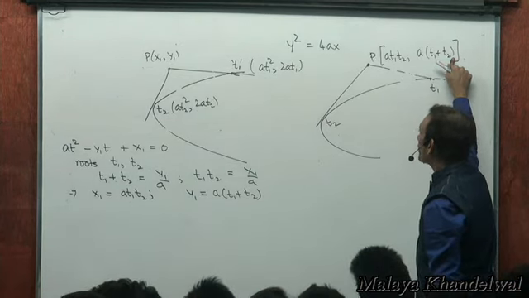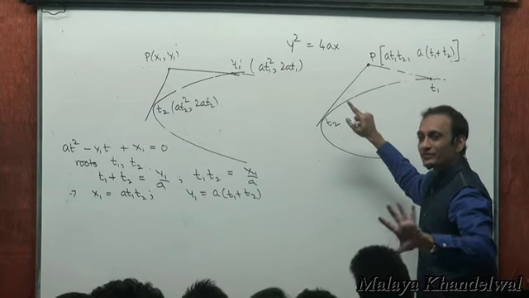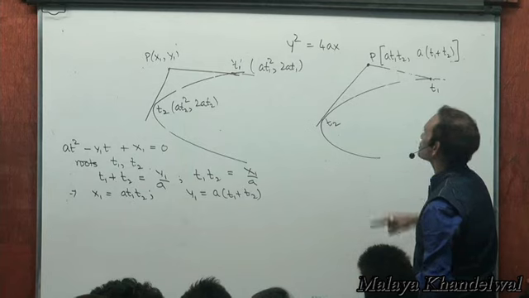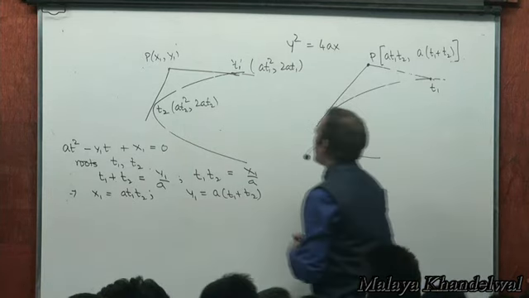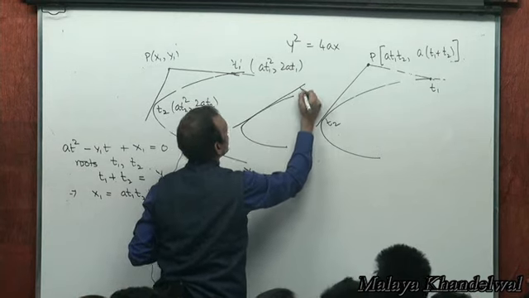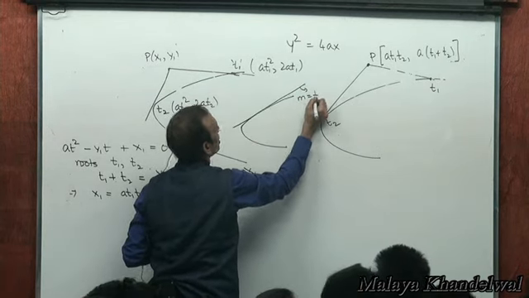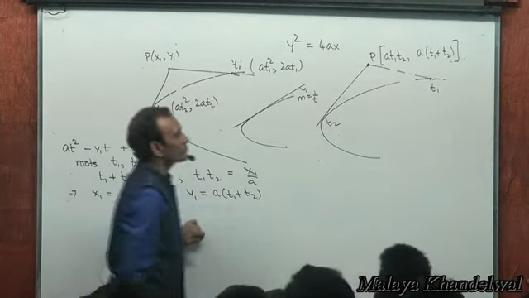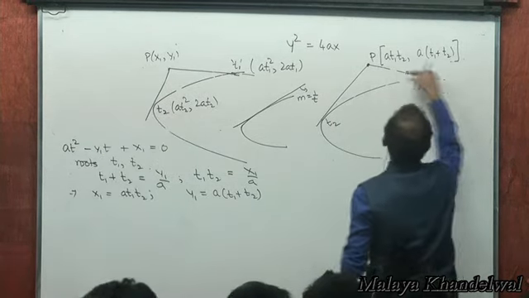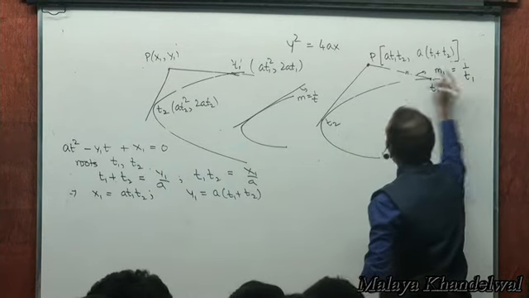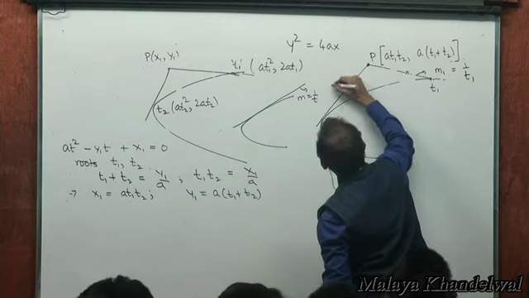Right? Now again, just to check one of the propositions that I derived earlier from these considerations. I told you if a tangent is drawn at t, then the slope of the tangent would be 1 by t. Right? Yes or no? Yes. So what's the slope of this tangent drawn at t1? 1 by t1. What's the slope of this tangent drawn at t2?